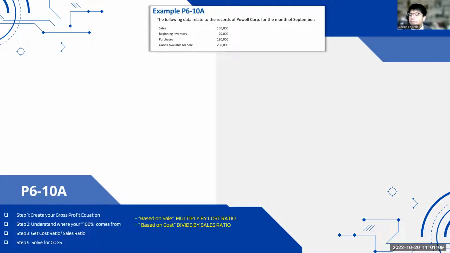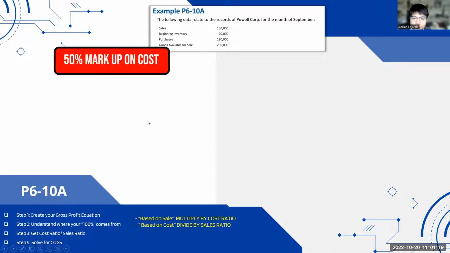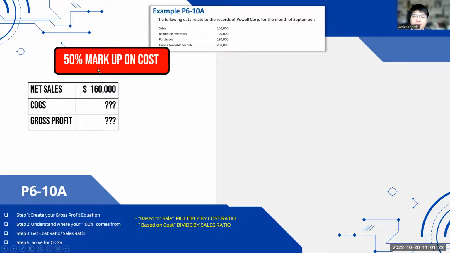So for this, we actually have 4 steps in how to solve. Step 1, you create your gross profit equation. Based on the given, all I know is net sales, but I don't know COGS and gross profit. Then, step 2, understand where your 100% is.